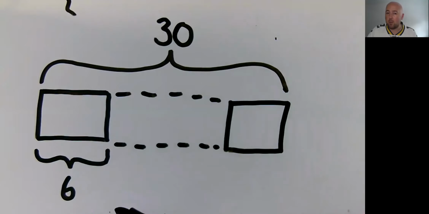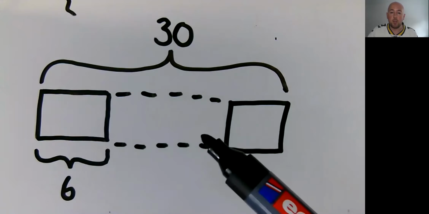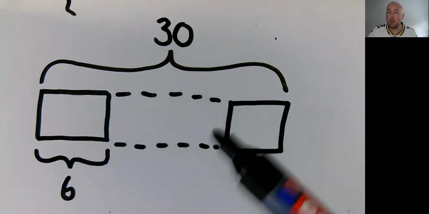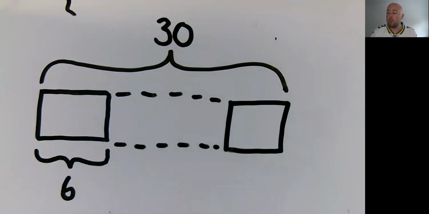It won't do the maths for us, but it will represent the problem. We don't know how many groups there are. And then from there, we will need to use, in this instance, our knowledge of multiplication facts, but it could equally be another method of division, depending on what sort of stage the pupils are at.